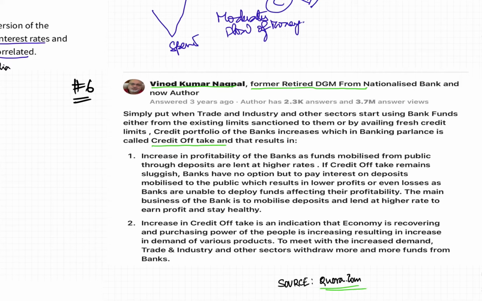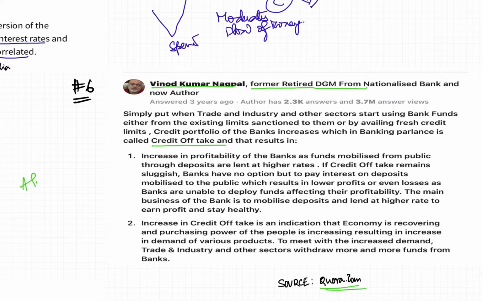There's a question that was asked on that site, and this is what the answer is. Simply put, when trade and industry in the sector start using bank funds, either from the existing limits sanctioned to them or by availing fresh credit limits, the credit portfolio of the banks increases, which in banking parlance is what is called credit offtake.